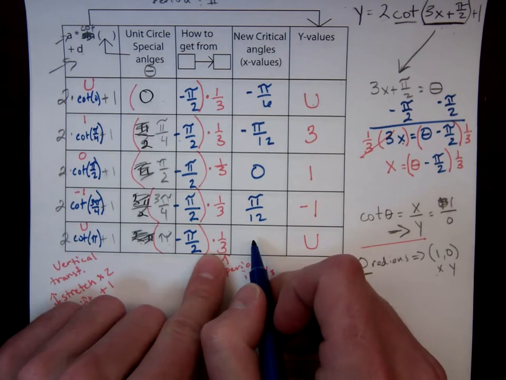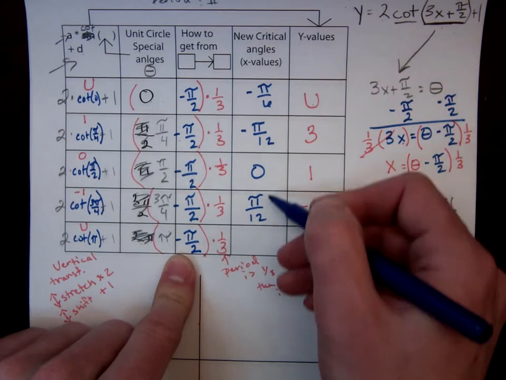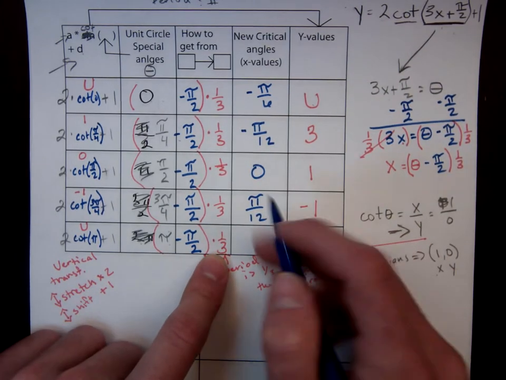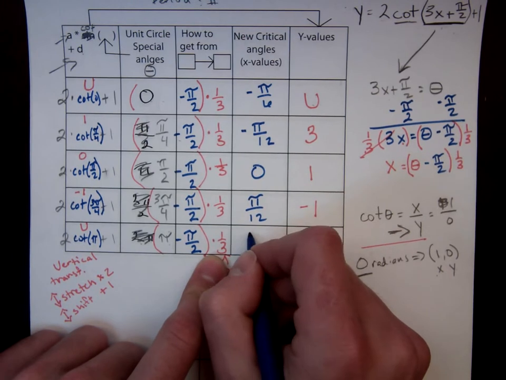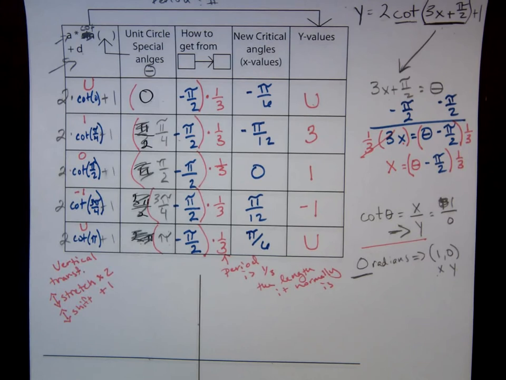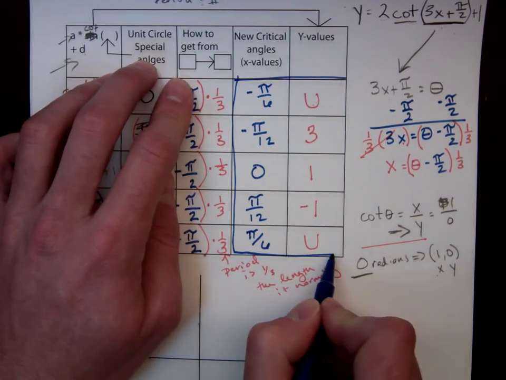And then lastly, and hopefully you can guess what this one's going to be because we can see it mirroring here, we have pi over 2 times 1/3, which is just going to be pi over 6. Now, these are our coordinates for one full period.